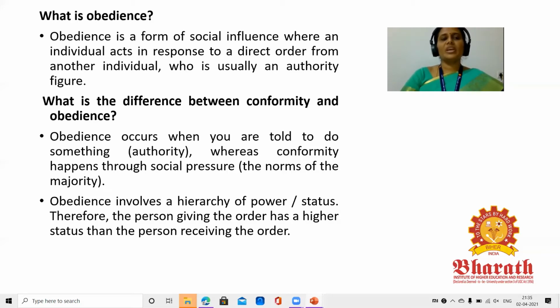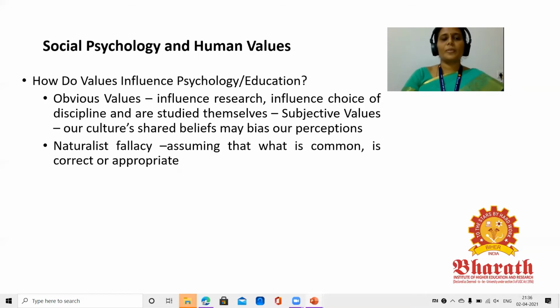Obedience is a form of social influence where an individual acts in response to a direct order from another individual, who is usually an authority figure. Okay, what is the difference between conformity and obedience? Obedience occurs when you're told to do something. In conformity, you alter yourself to fit into a particular group. Nobody insists you do that, but you yourself change your behavior to fit in.